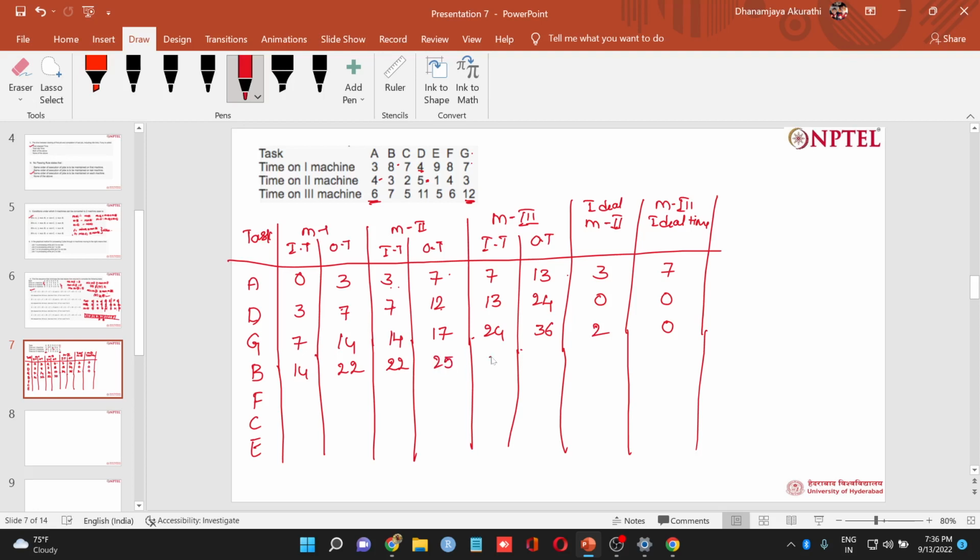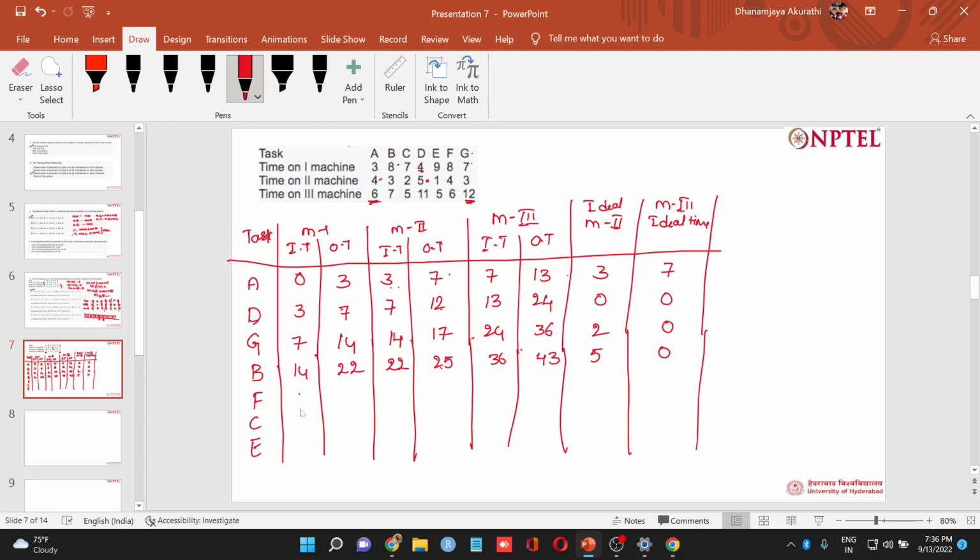Here machine 3's in time is 36 because the maximum is 36, then 25, and 36 plus 7 is 43. And there is a difference between 22 and 17, so it is 5 hours. Machine 2 has waited for 5 hours, and machine 3's is 0.